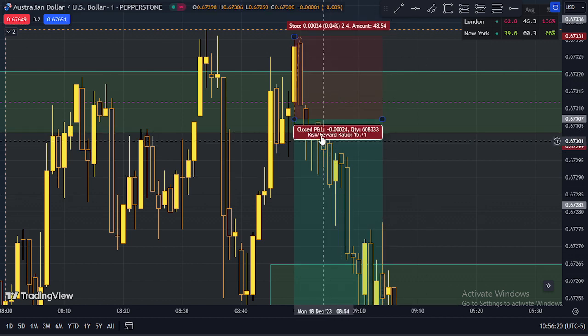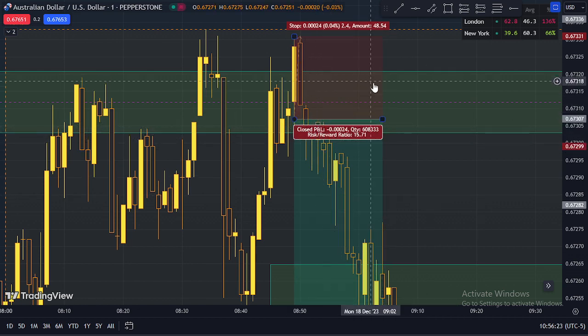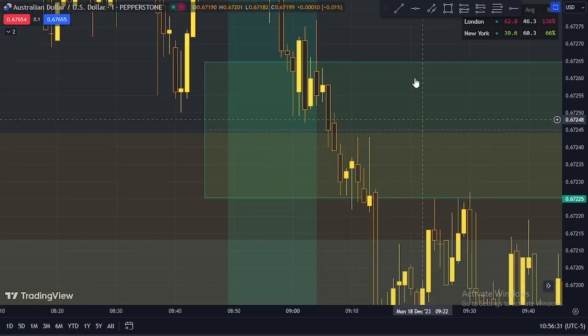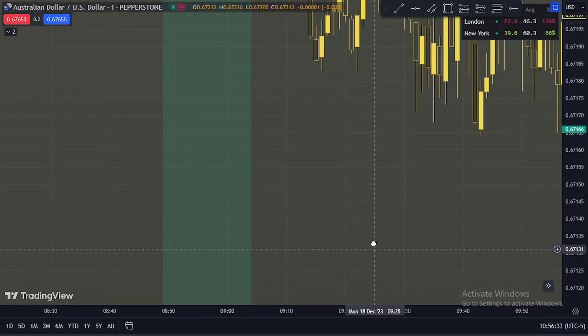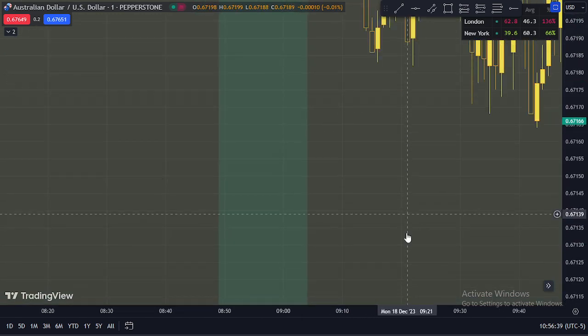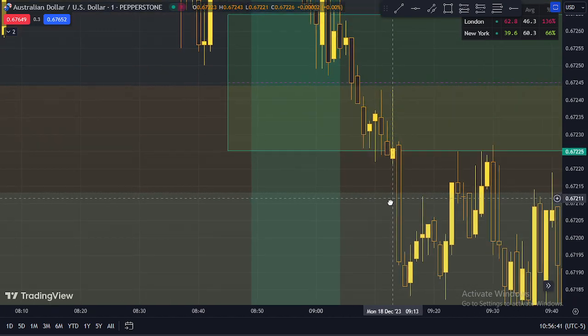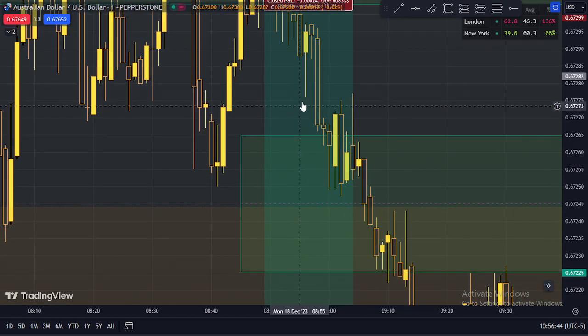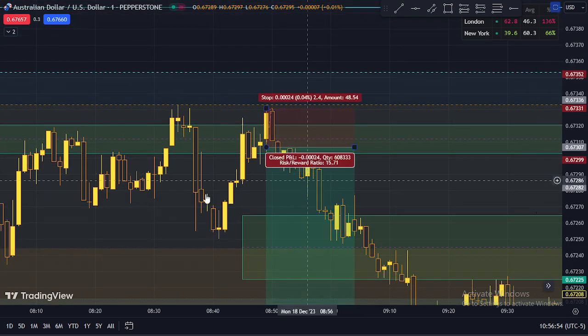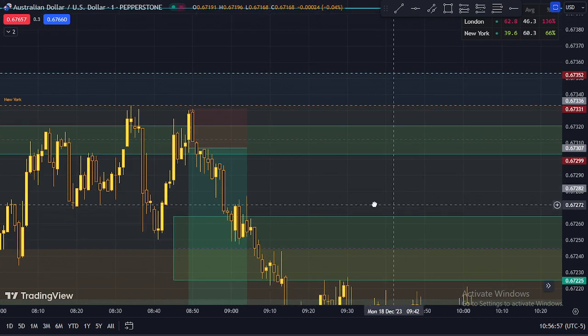So that would have been your short entry, and your stop right above that high, and then your targets below the relative equal lows that we had. So this was quite a good trade. Let me see, this was a 15.7 hour trade. So that was it for Monday, which was yesterday.